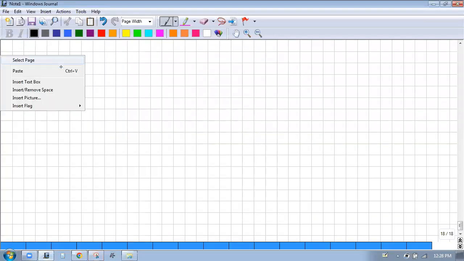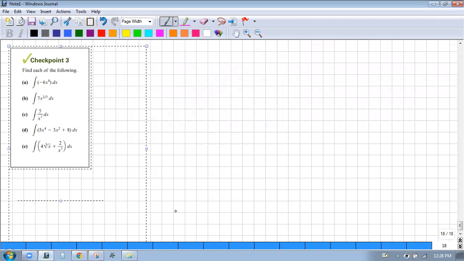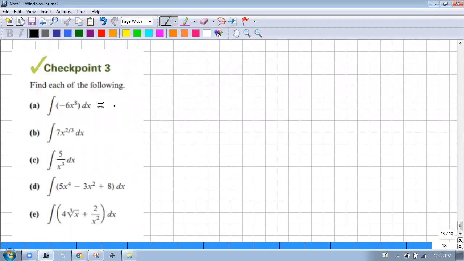Look at all these. I can pull out the minus 6. The x to the 8th would become an x to the 9th over 9. This one, I could pull the 7 out. See, if I add 1 to 2/3, that would be 5/3.